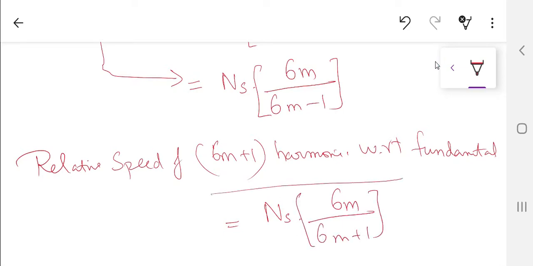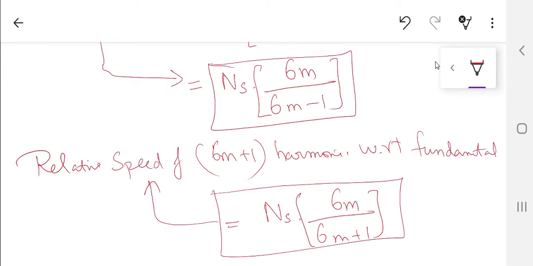So this is the relative speed for 6m plus 1, and the earlier one is for 6m minus 1. These two are the relative speeds of the 6m plus 1 or 6m minus 1 harmonics with respect to the fundamental.